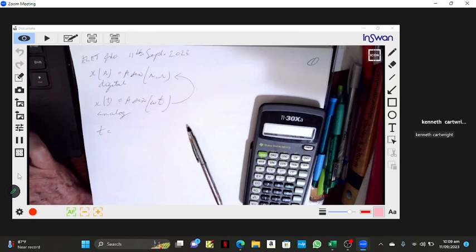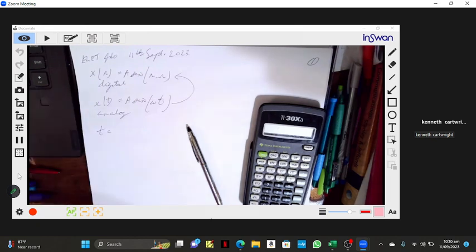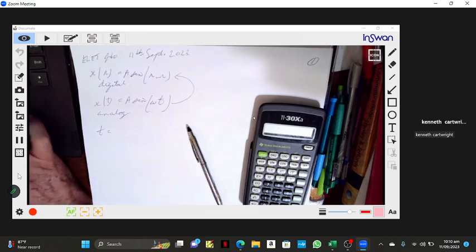What specific t values do we use? T equals what?